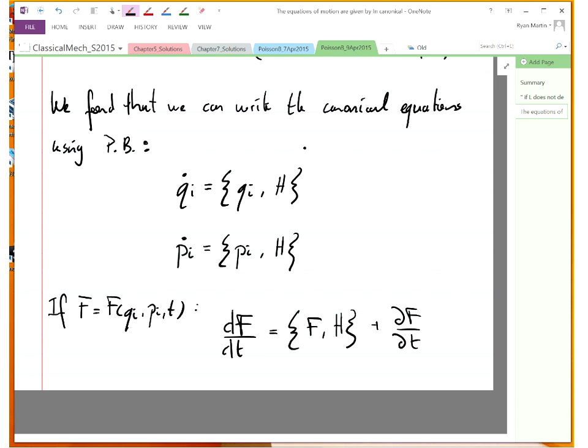So we already see again the relationship between conservation of energy and time. Because if the Poisson bracket of something with the Hamiltonian is 0, then d of that something by dt is 0, and that something is conserved. Obviously, if something's not conserved, it depends explicitly on time, so ∂f/∂t would not be 0.